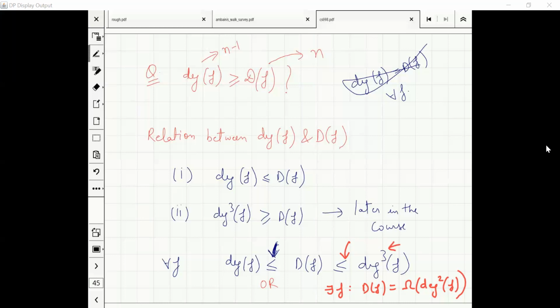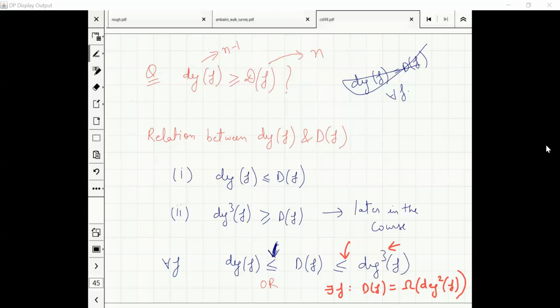So you understand, these are the kind of questions we ask about complexity. This is how we want to relate complexity. We want to give both upper and lower bounds. And once we give upper and lower bounds, we want to show that there exist functions for which this is tight.